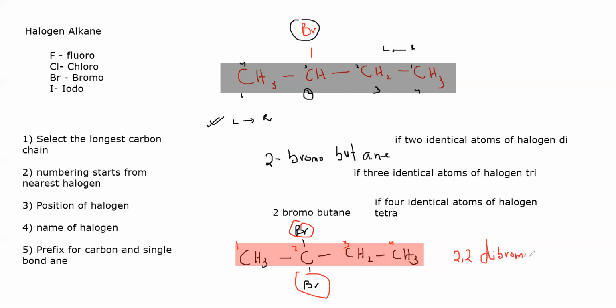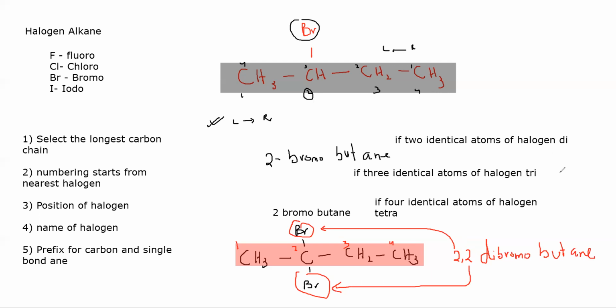And there are 4 carbon atoms, so I will say but. And they have a single bond, I will say ane. So it is 2,2-dibromobutane. Why is it 2,2, not only a single 2? Because one of the two is representing the position of one bromine and the second 2 is representing the position of the second bromine.